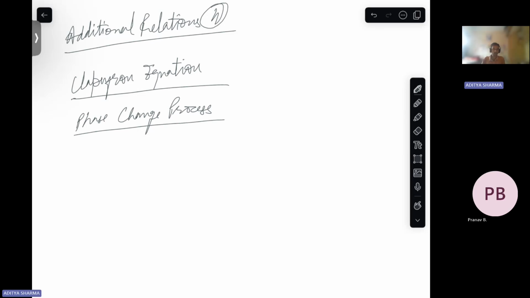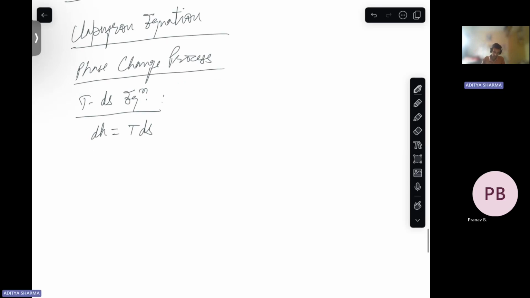In case your phase change process is taking place at constant pressure, the TdS equation can be written as dh equals Tds, which essentially is, so subscript g and f here represent gas and fluid, or liquid.